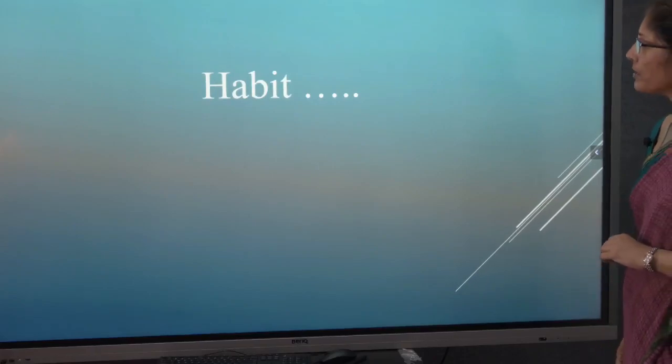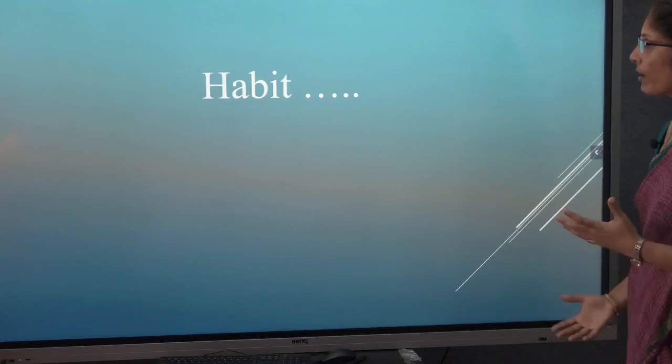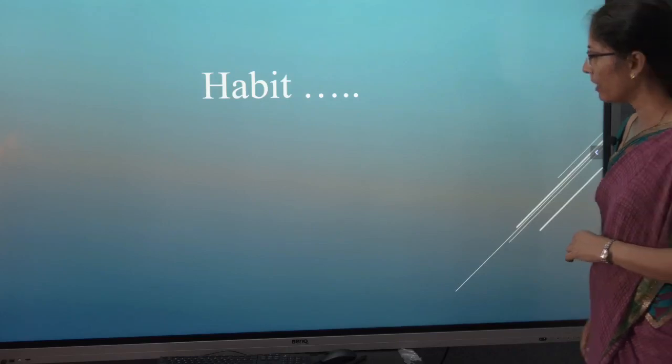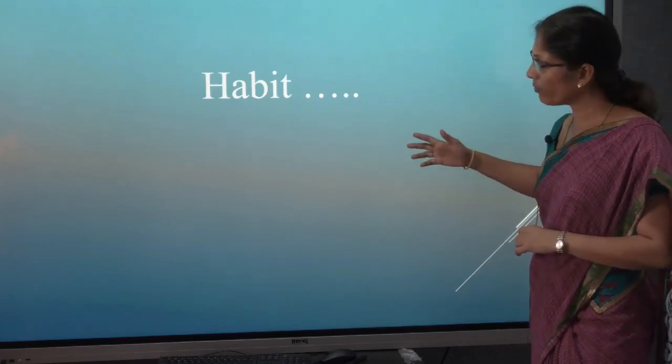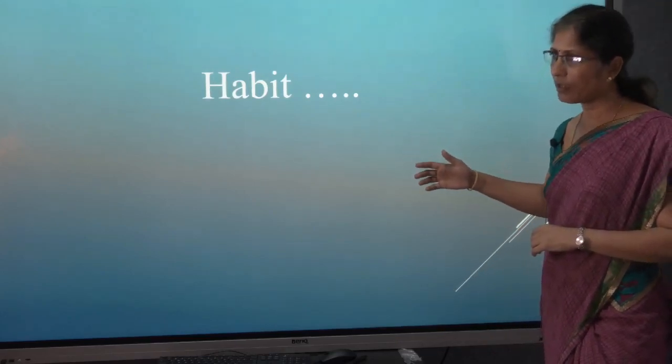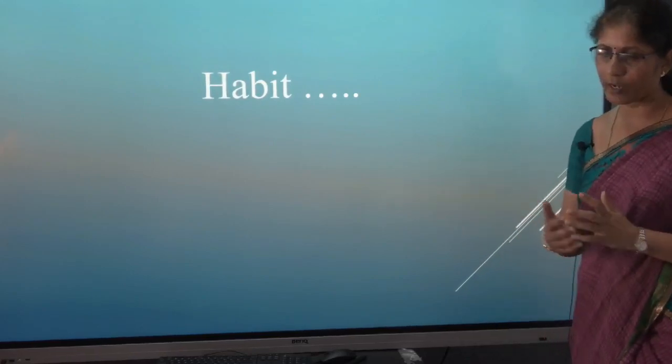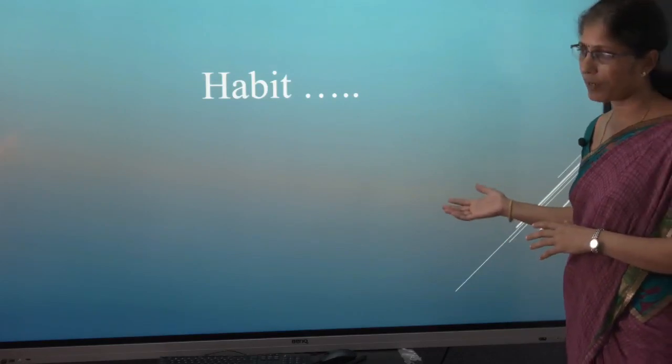Habit, you know, is something we do without effort. How do you make it a habit? Generally, if you do it regularly, if you practice it regularly, or if you follow anything, then it becomes a habit.